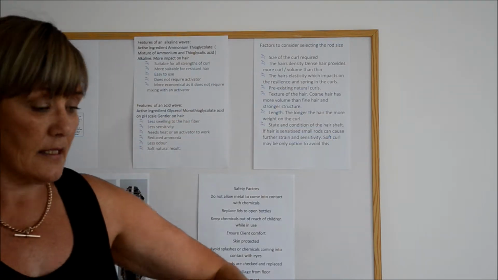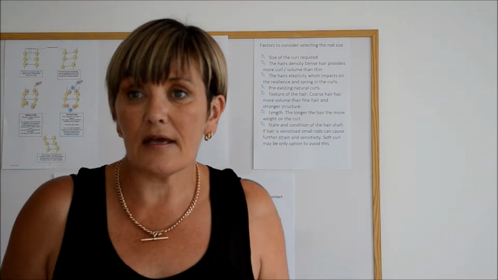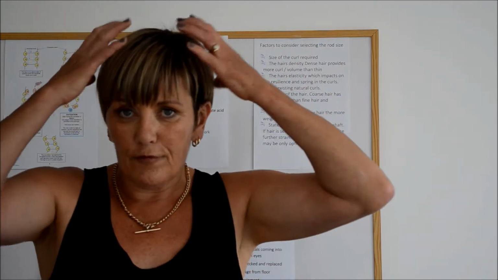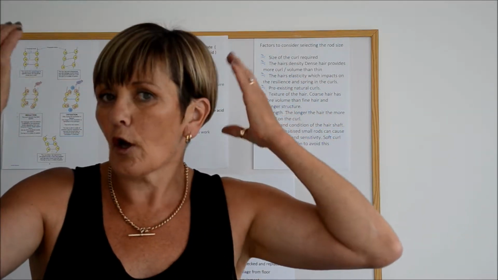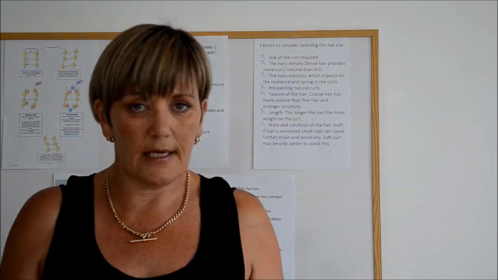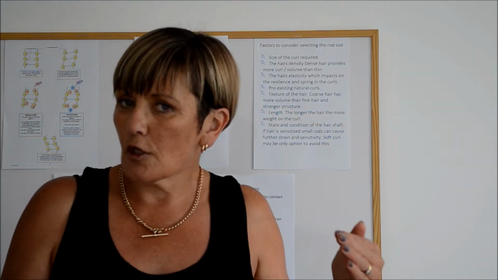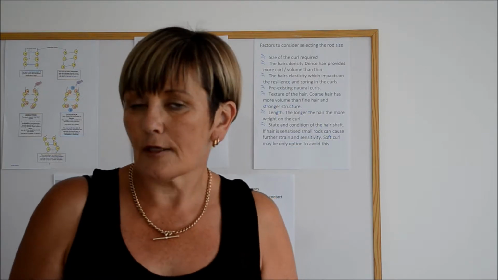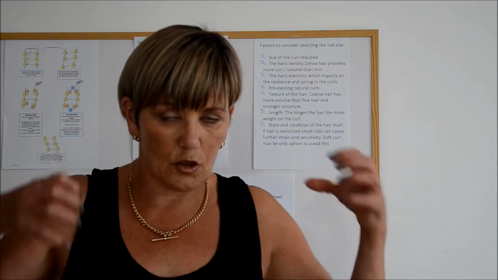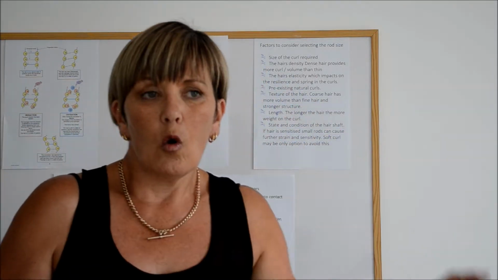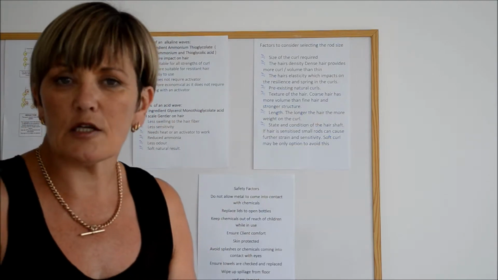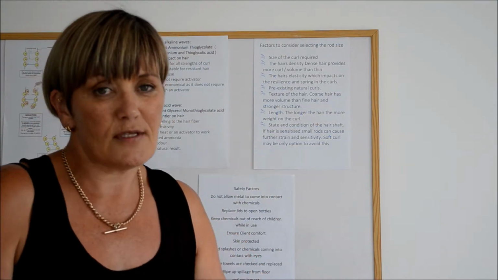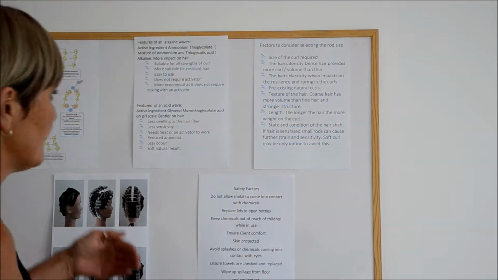If a client has waist length hair and they say they want lots of volume in this area here, they're not going to achieve that with the weight of the hair dragging the curl down. So you would have to take that into consideration and either use your design skills in terms of your cutting practices to create more volume at the scalp, or you would have to talk to the client about the actual end result when the hair is long.